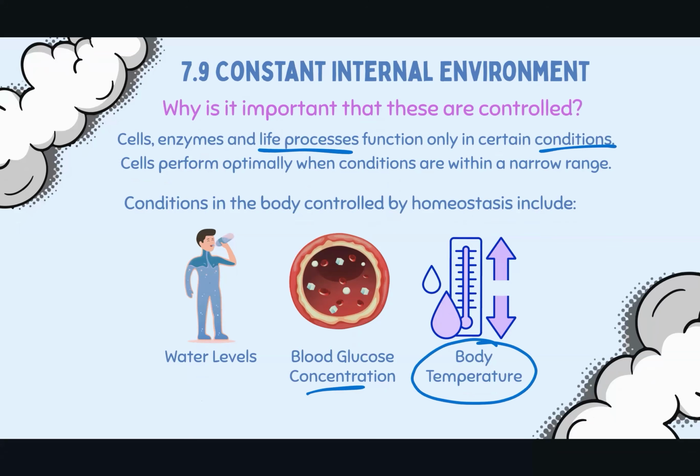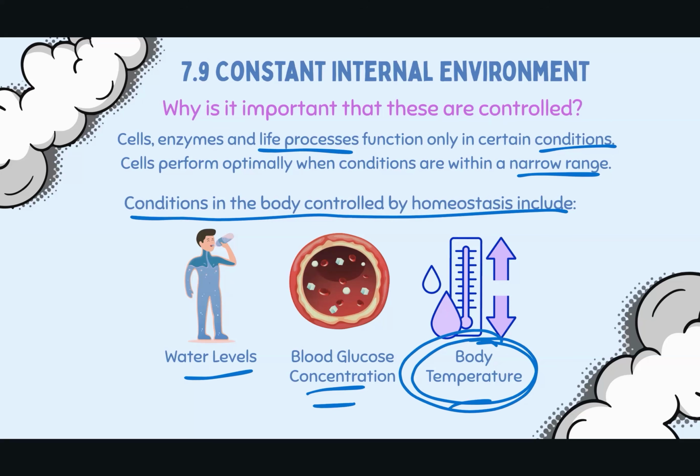So our body does its best to keep our bodies within a narrow range and at optimum. Conditions in the body controlled by homeostasis include water levels, blood glucose, and body temperature. But a good example of why it's important is body temperature. Anything beyond 37 degrees, and the enzymes start denaturing. When we go below that temperature, the enzymes don't work as quickly.